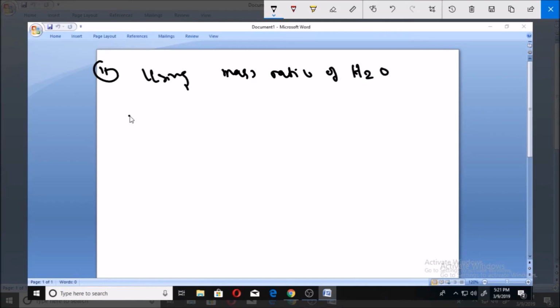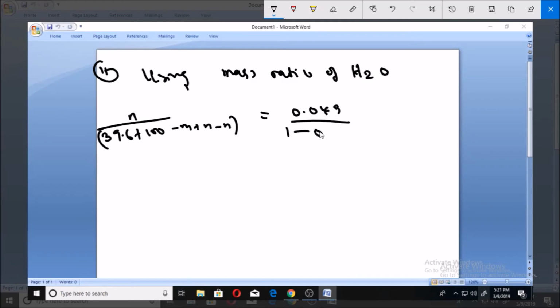We can then say that N over 39.6 plus 100 minus M plus N minus N is equal to 0.049 all over 1 minus 0.049.